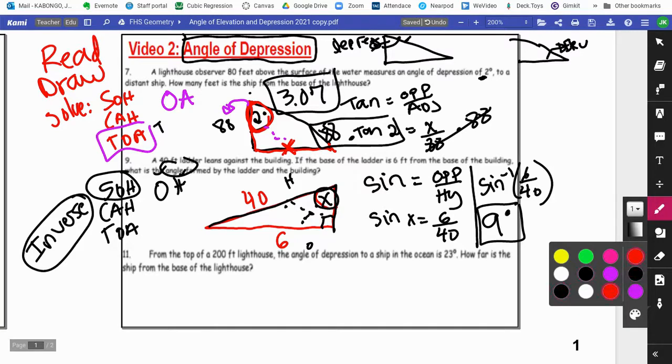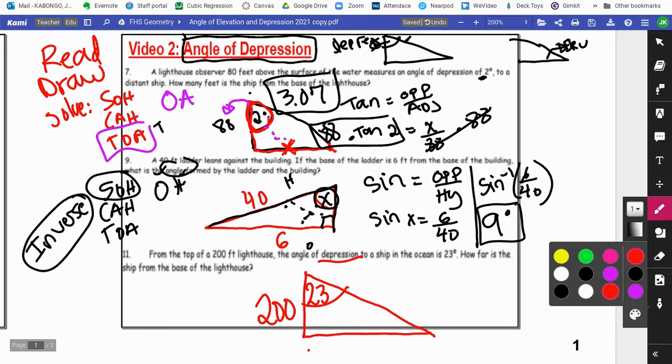It says from the top of a 200 feet lighthouse. So here's a lighthouse, and it's 200 feet. The angle of depression means you're looking from the top. So this right here would be the angle of depression. That is 23 degrees. We're looking for how far the ship is from the base.